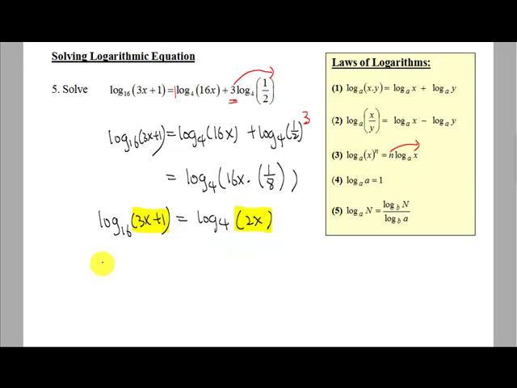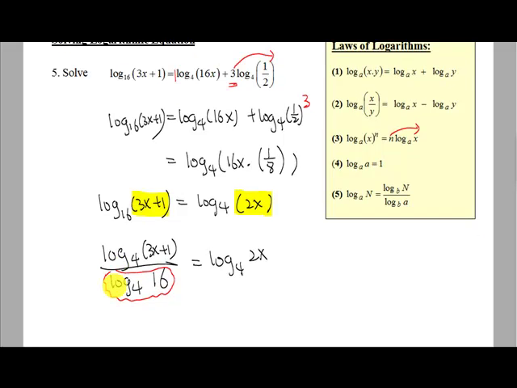So now, if we are going to change base of 4, it will be log base 4 of 3x plus 1 over 16. I'm applying this law here. Now let's zoom into this expression here.